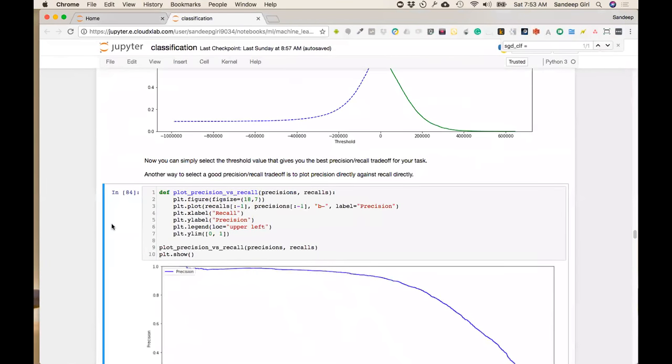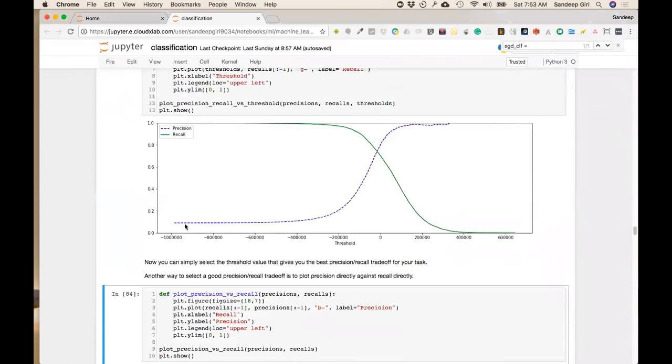Now, here what we saw was that as we kept on going from left to right, the recall rate kept on dropping while the precision kept on increasing.